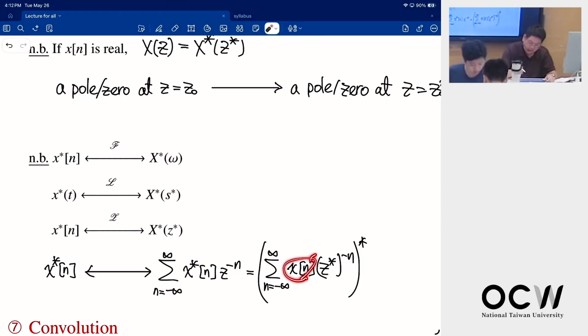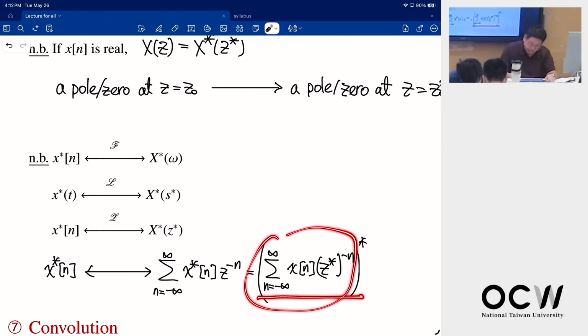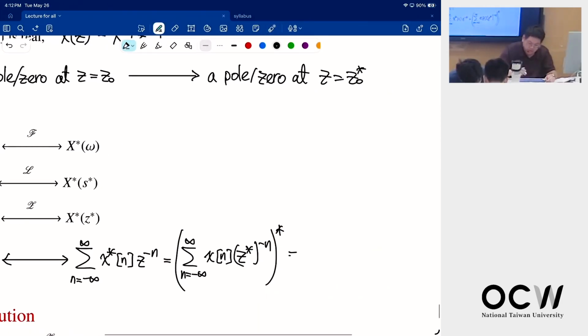So x n conjugate and z conjugate, and conjugate that cancel out. But what is this one? This is something conjugate, right? And this is the z transform, z conjugate transform. So this is x conjugate z conjugate.